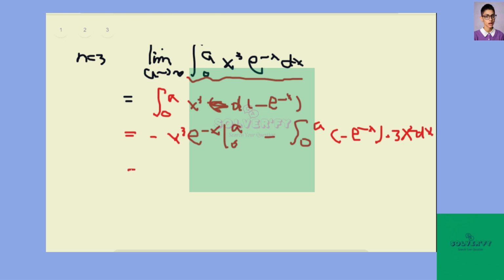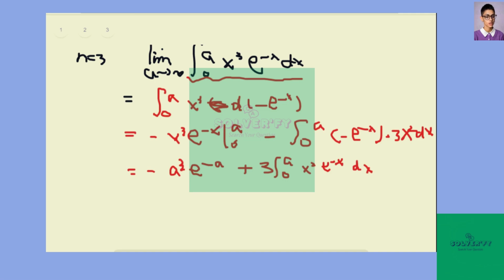So this is equal to negative A cubed e^(-A) plus 3 times the integral from 0 to A of x squared e^(-x) dx.